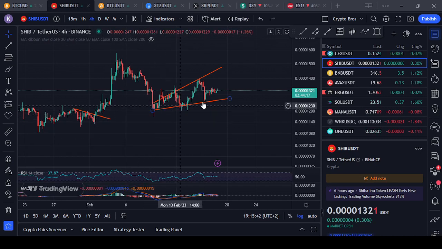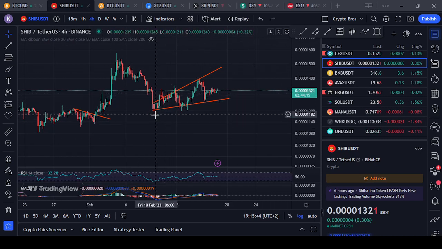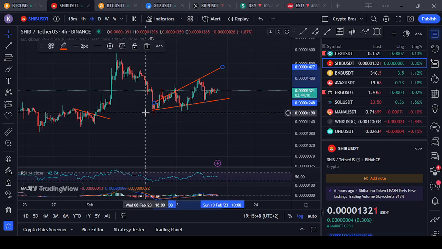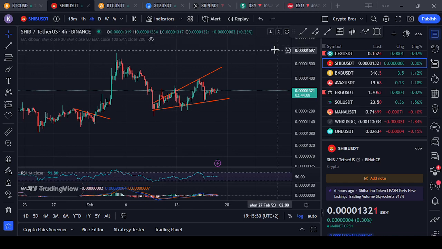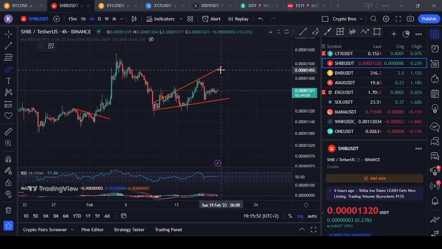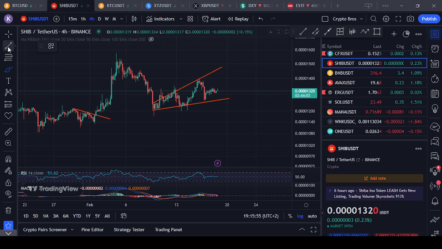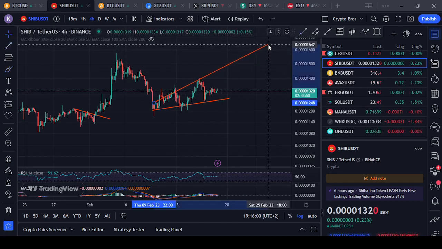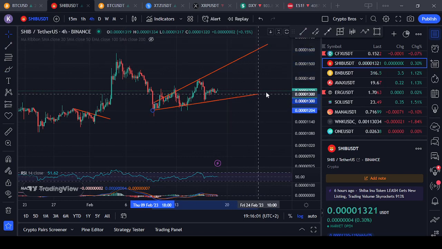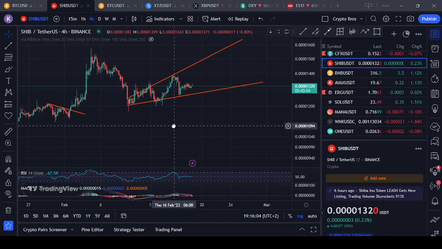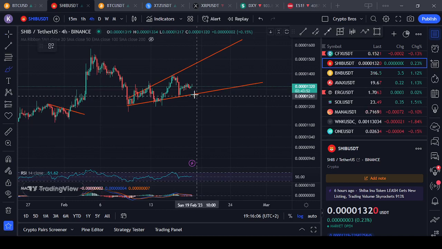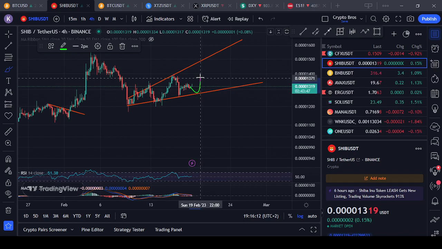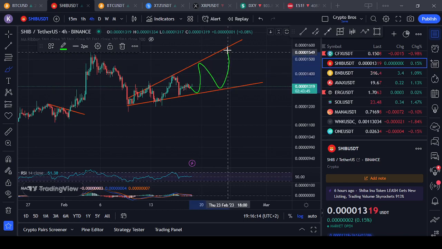For example, this is an ascending broadening wedge. This is on the Shiba Inu chart. So this is what I would want to see. Let me first of all just elongate this a little bit to give an example here. So we can go all the way higher, and if I'm focused on this broadening wedge, it's all good to have the price just move along all the way.